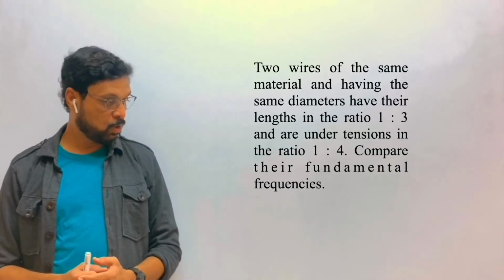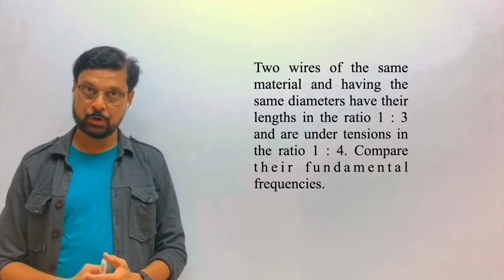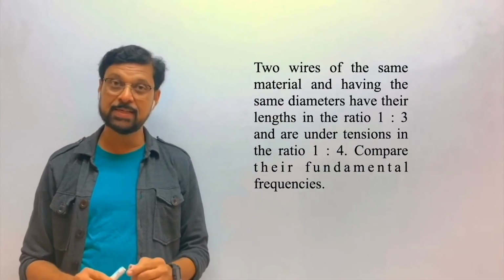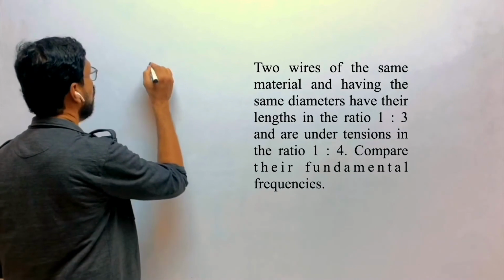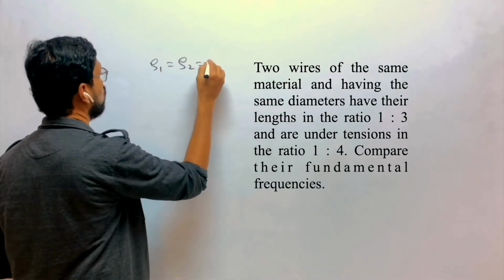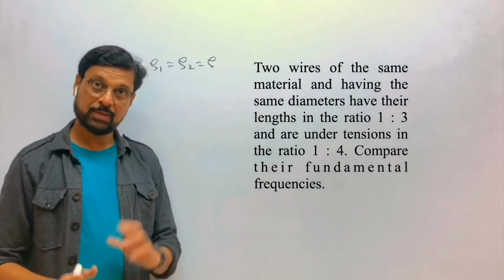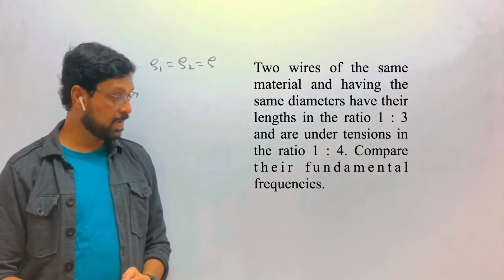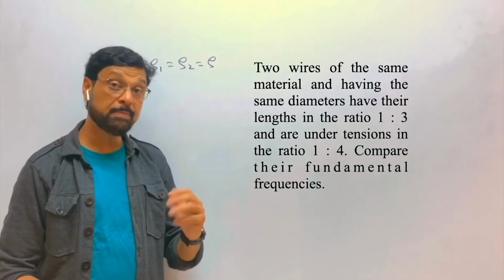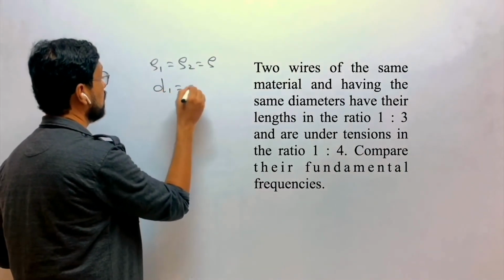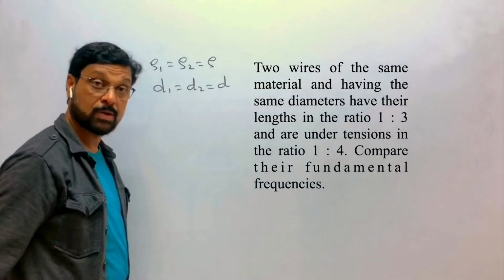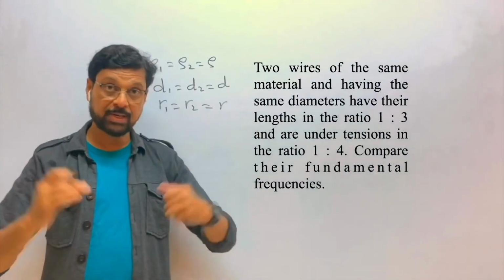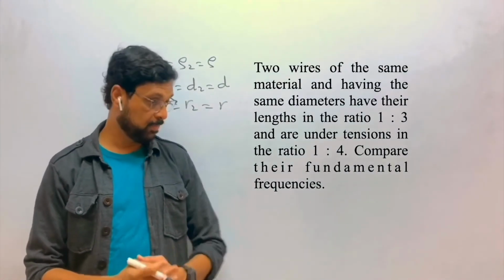Two wires of the same material, means their densities are same, rho 1 is equal to rho 2 is equal to say rho. Their materials are same, means their densities are same. And having same diameters, D1 is equal to D2 is equal to D, or you can say R1 is equal to R2 is equal to R. Their diameters are same, means their radii are same.